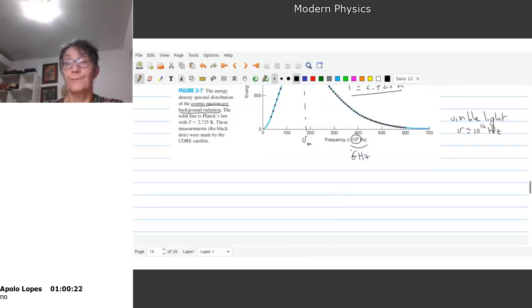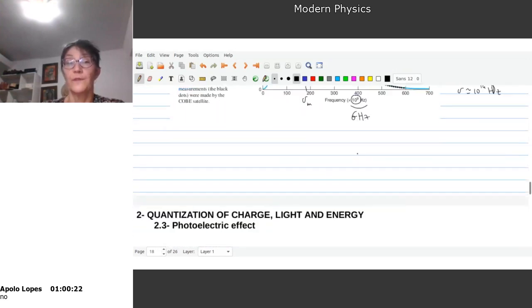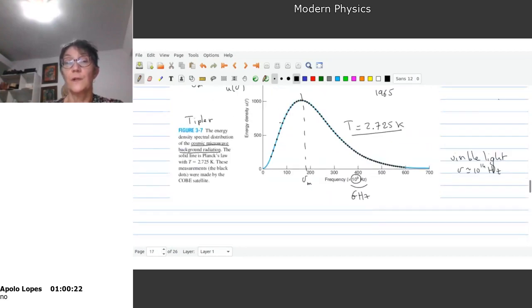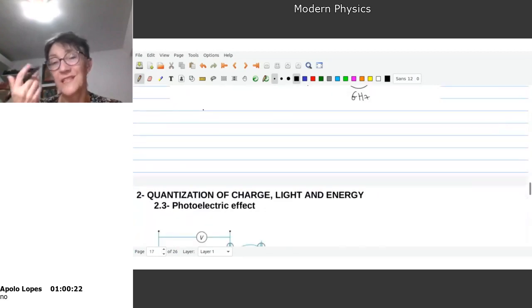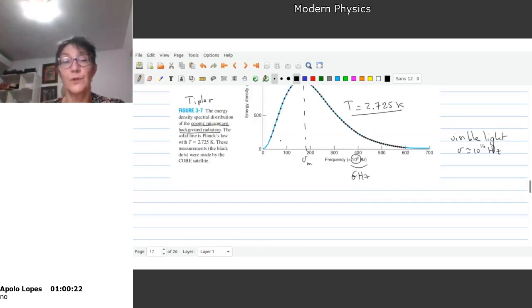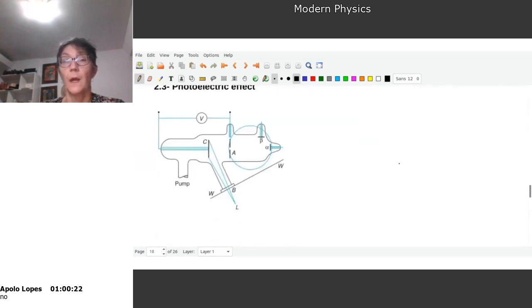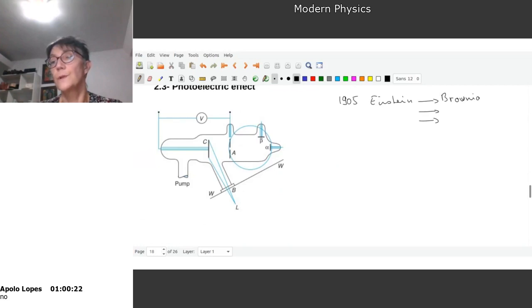So, who explained it? This effect was discovered by Planck, without a lot of physical insight into the phenomena, leading to this distribution. In 1905, Einstein, this is the golden year of Einstein, wrote three papers. The Brownian motion, I spoke of it in the last lecture.